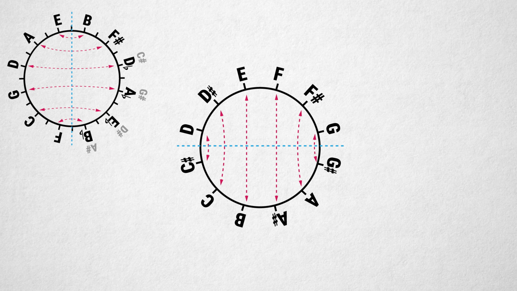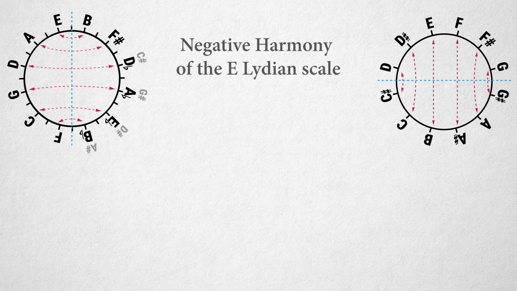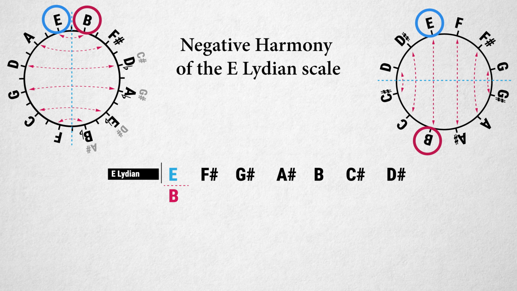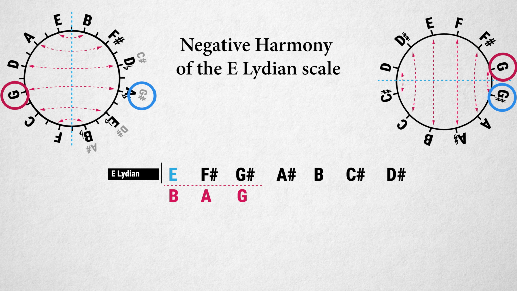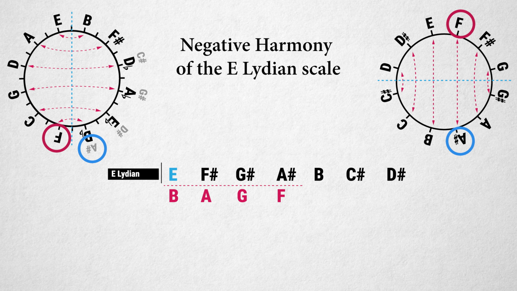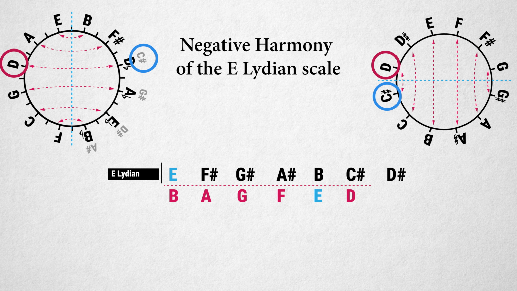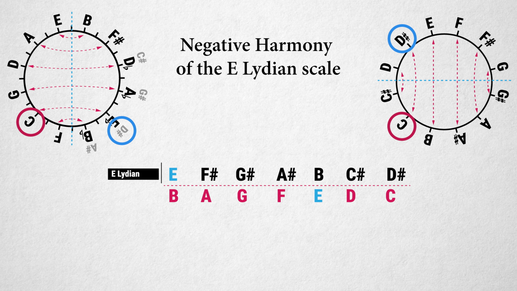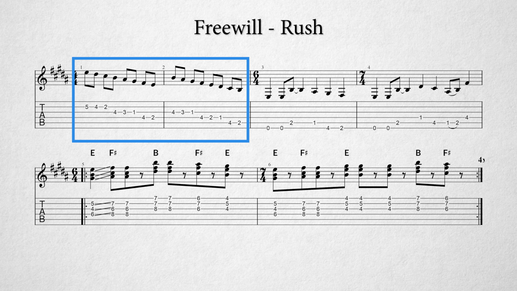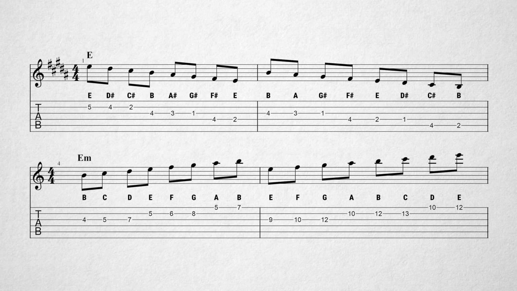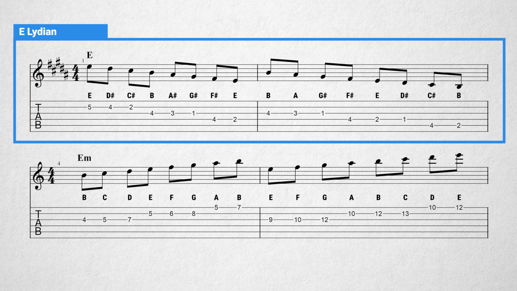Or you can use a chromatic circle, whatever you feel is most convenient for you. So, E becomes B, F sharp becomes A, G sharp becomes G, A sharp becomes F, B becomes E, C sharp becomes D, and D sharp becomes C. If we project this on the scale figures, then we'll see this transformation from Lydian scale figures to Phrygian scale figures.